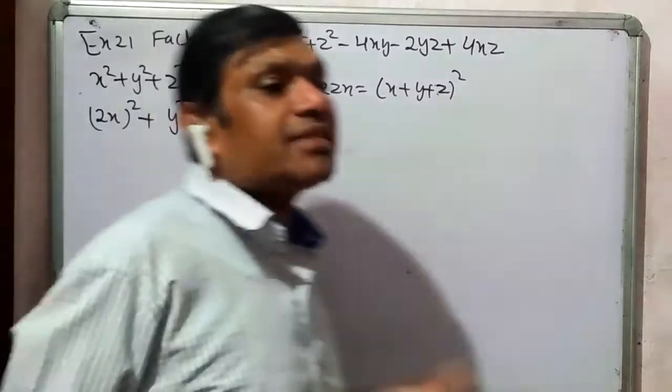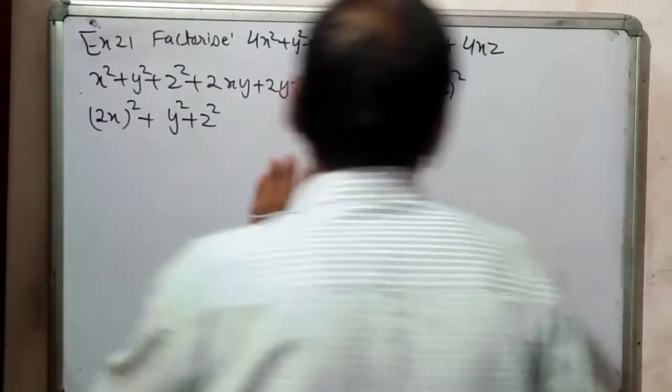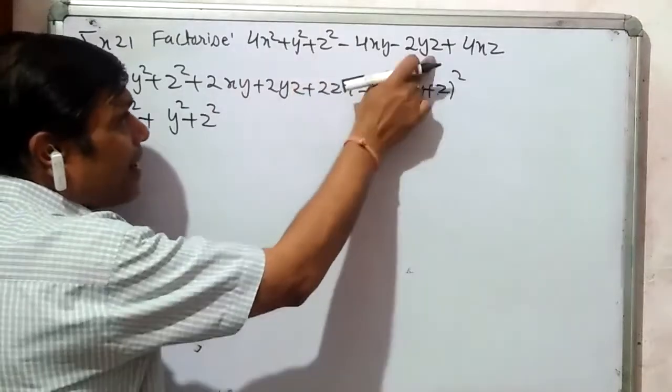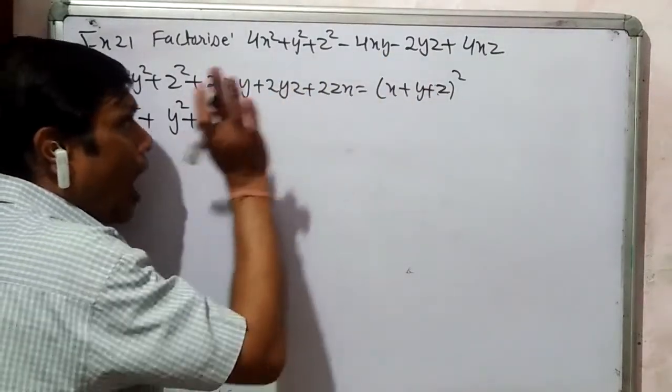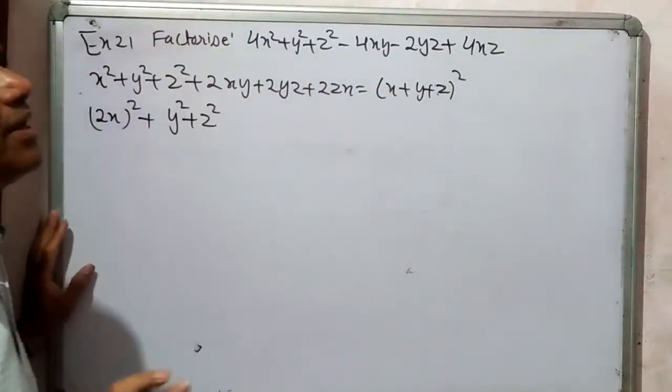So I can say that the y variable term will be negative. So the rule for identifying negative term is identify the 2 terms having negative sign. Out of those 2 terms, the common variable term will be negative.